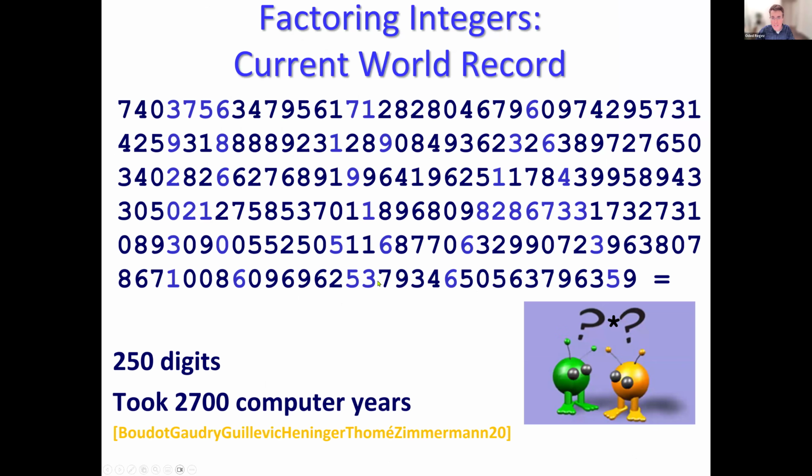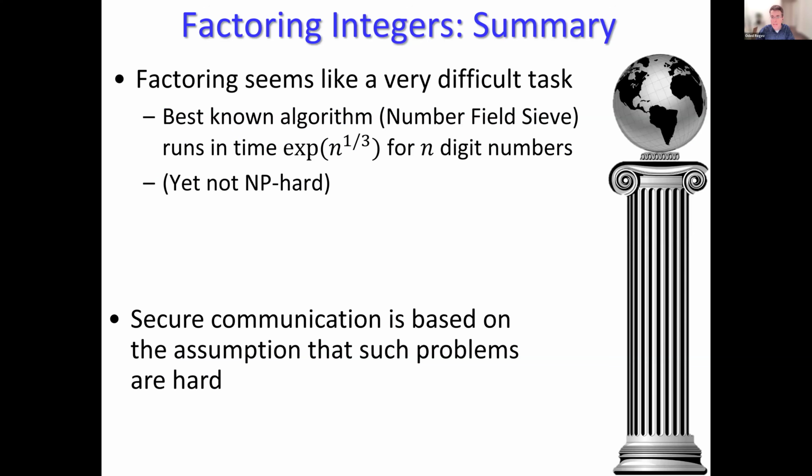So we know factoring integers is a difficult problem. The current world record is 250 decimal digits, I think it's like 800-something binary digits, maybe 840. And it took 2,700 computer years, so it's an extremely difficult problem. This is just something that we don't know how to solve using classical algorithms. The best known algorithm, the number field sieve, is actually surprisingly fast.